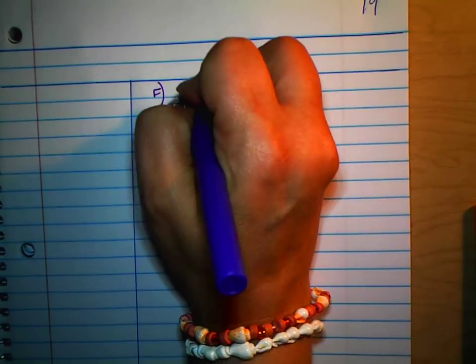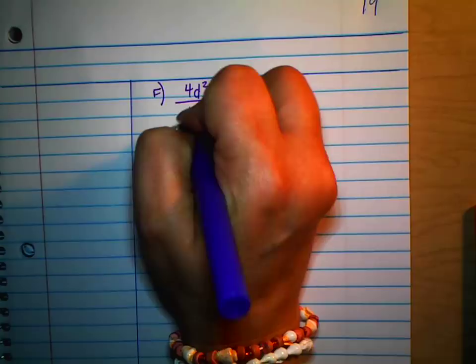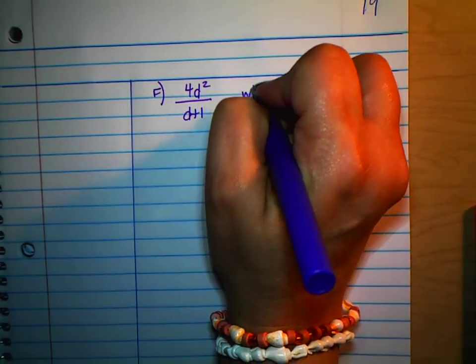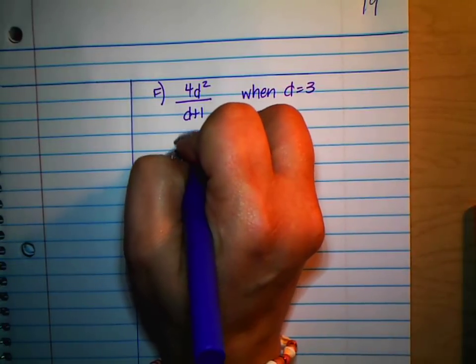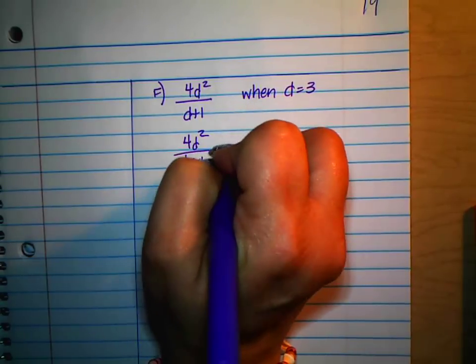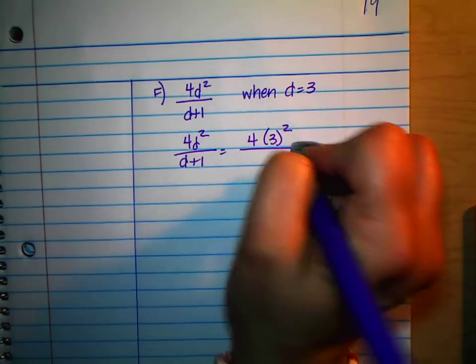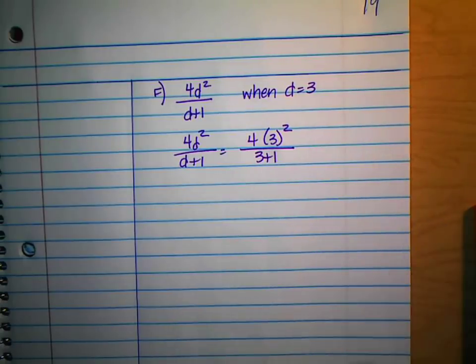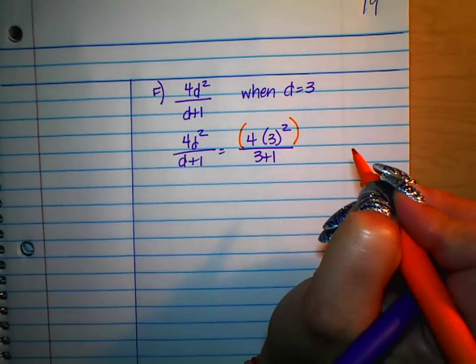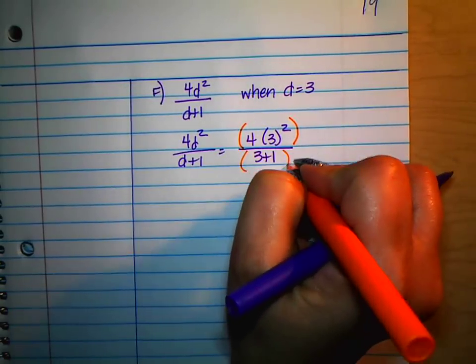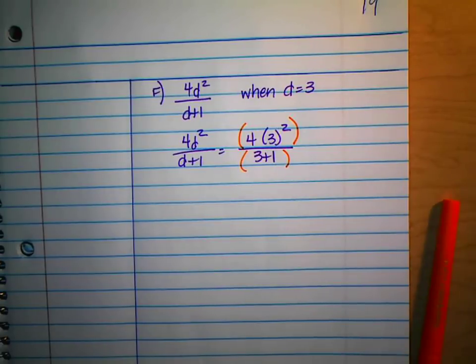Let's do one more example today. So we have... now I would remind you that when you go to put this in the calculator, you need to put a set of parentheses around your numerator divided by a set of parentheses around your denominator in order to get your answer.